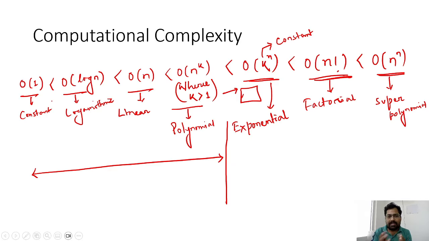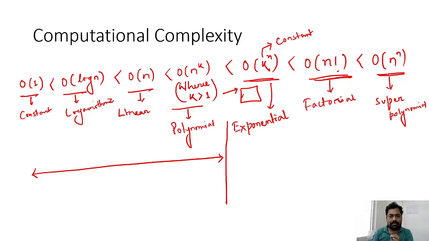Computational complexity has space and time, so we have two different kinds of resources we use: one is time, another is space. So here we are discussing time as well as space.